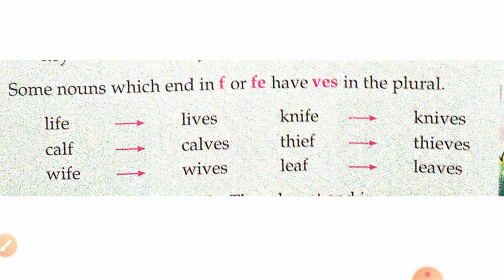Some nouns which end in f or fe have ves in the plural. See, some nouns having the last letter F or FE. So, you have to remove the letter F and FE and add VES.